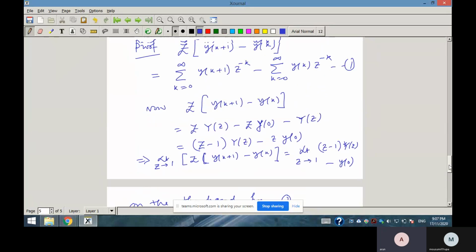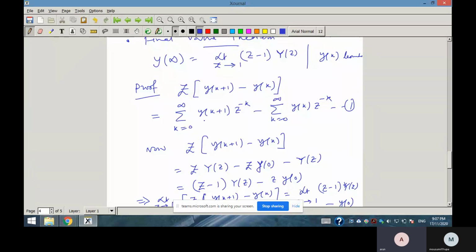Just check it. If you expand it, only y infinity will be present from one term, the other terms get cancelled, and y0 is present from the other term, because k equal to 0 means y1.